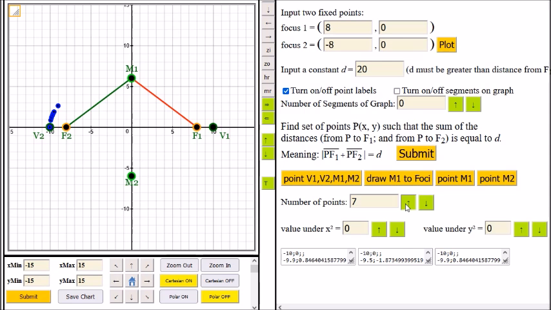So all of these points will have the sum of the distances to F1 and F2 equal to 20. So from this point, the distance from here to F2 plus the distance from here to F1 is equal to 20.